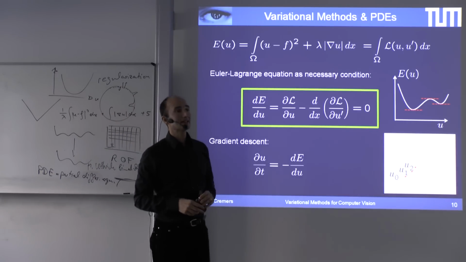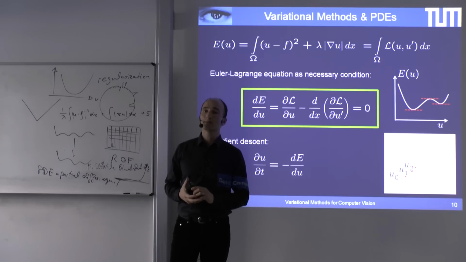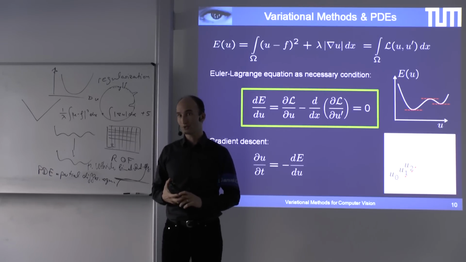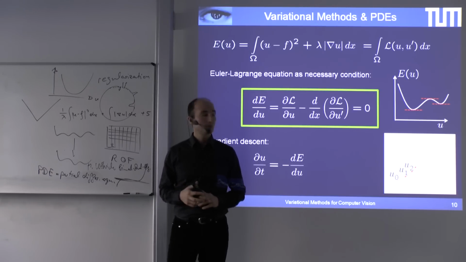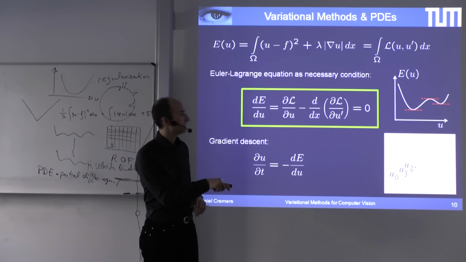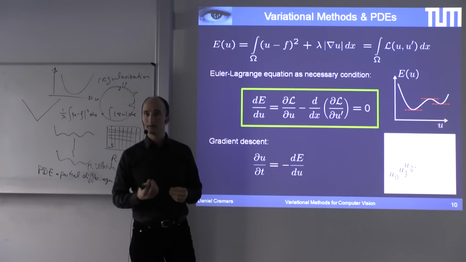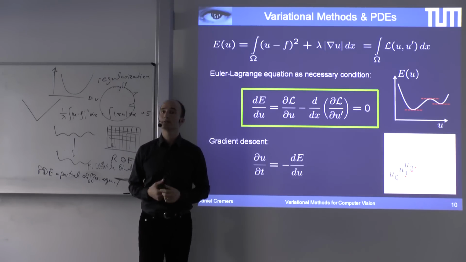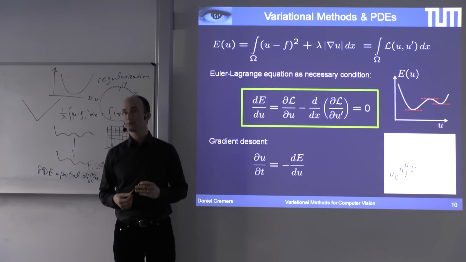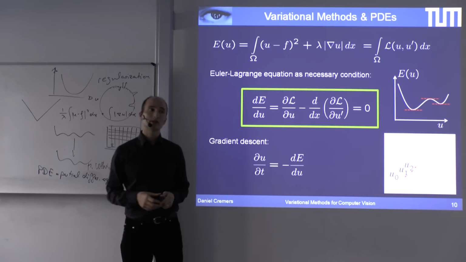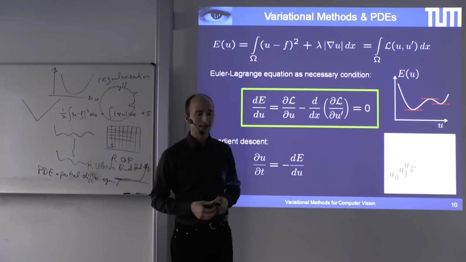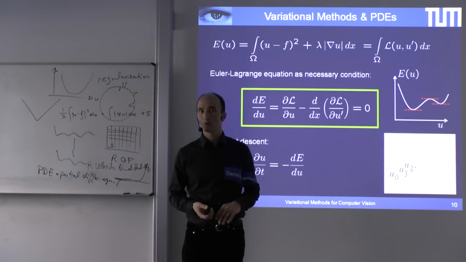If you don't have convexity, what you need to have is some good initial guess of your solution. Because if you start with an initial guess, then the local optimum is hopefully the right solution. For denoising, for example, a good initial guess is to start with the input image. Why?